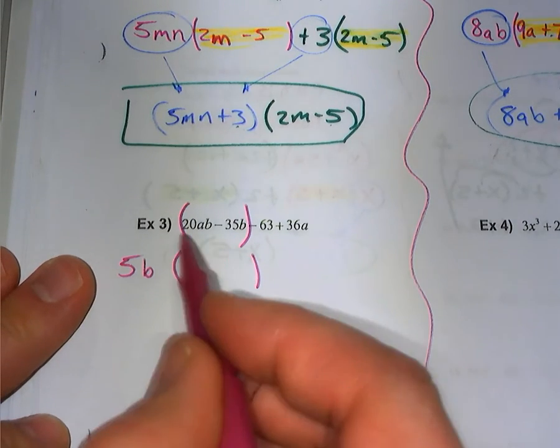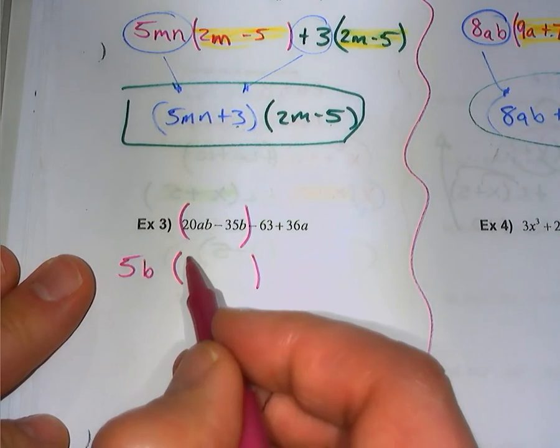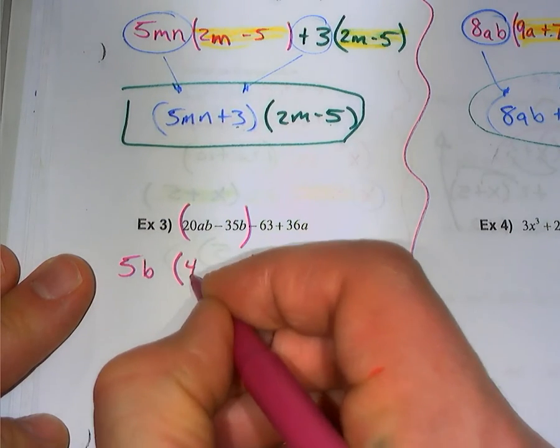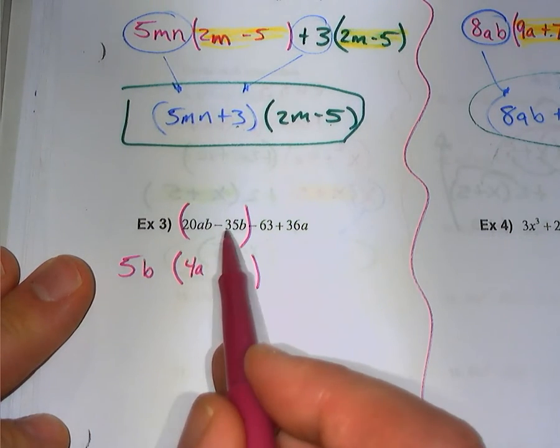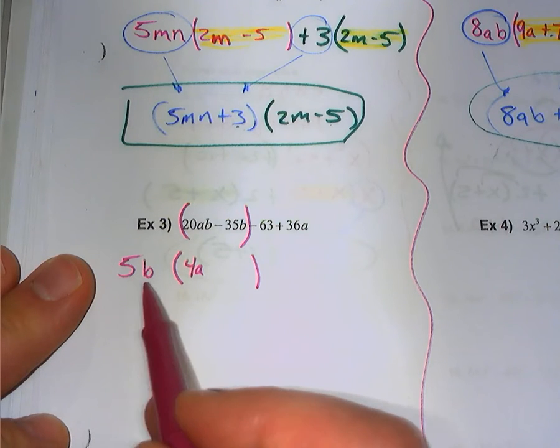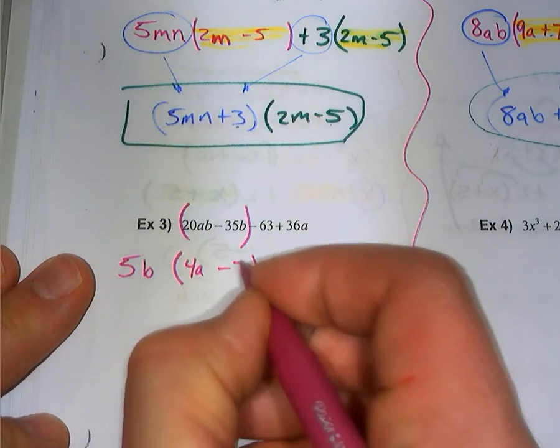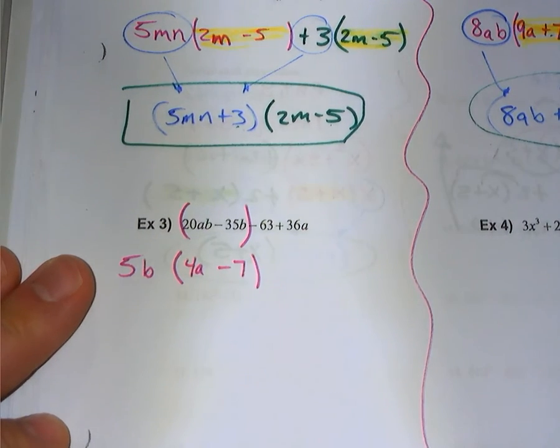All right, what's 20AB divided by 5B? What's left? 4A, very good. And the negative 35B divided by 5B is just negative 7. Very good. Perfect. I group these next two.